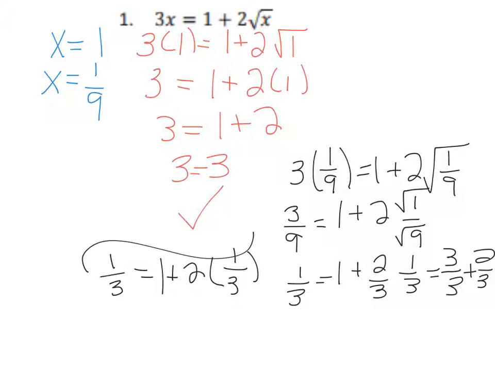So notice right away that 3/3 plus 2/3 will give you 5/3. So 1/3 does not equal 5/3. So that one is not a valid solution. So our only solution for this problem is x equal 1. And let's jump right to question number 3.